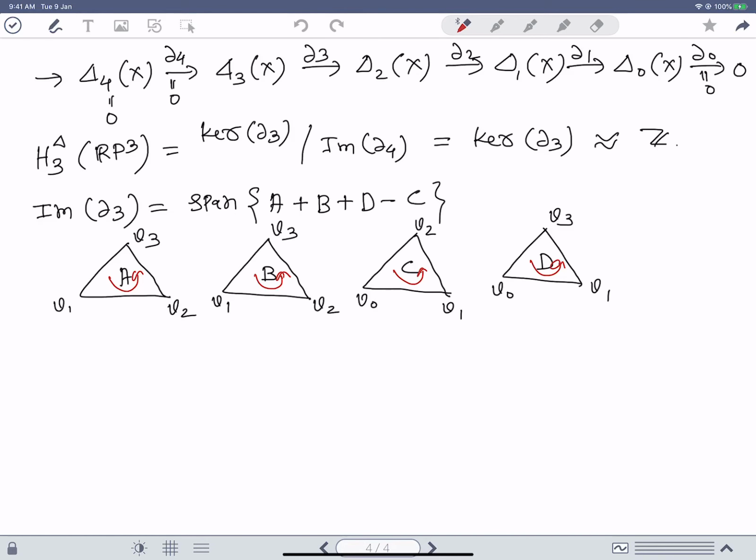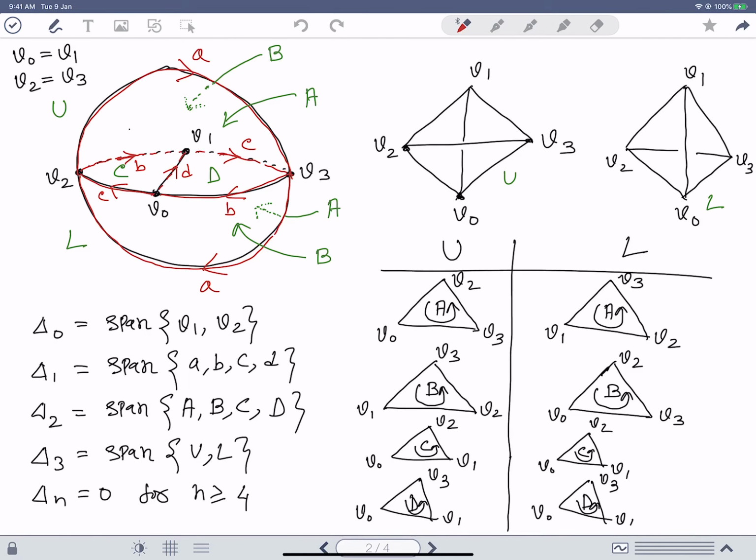Okay. Now from the picture we will write what are the edges of this A, B, C, D. Now look at the picture. Now if we look at this picture, that is the main picture, very carefully, then you can see what is my A. A means V1, V2, V3, right, the lower part of that one.